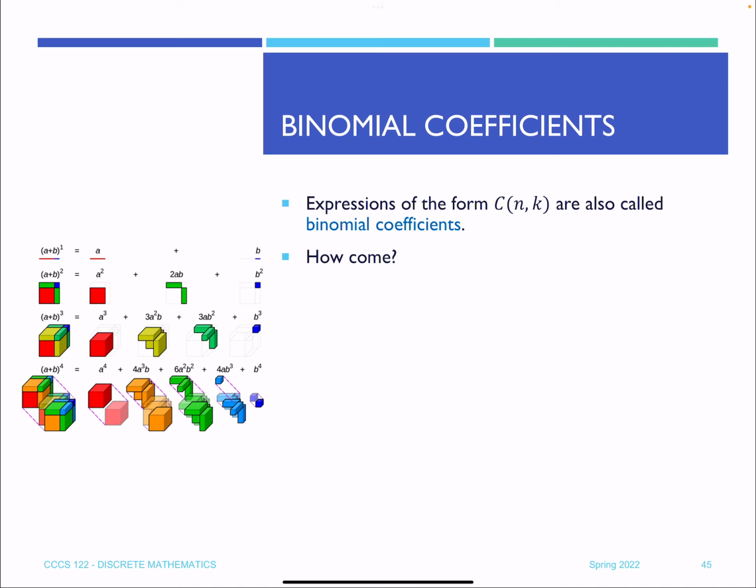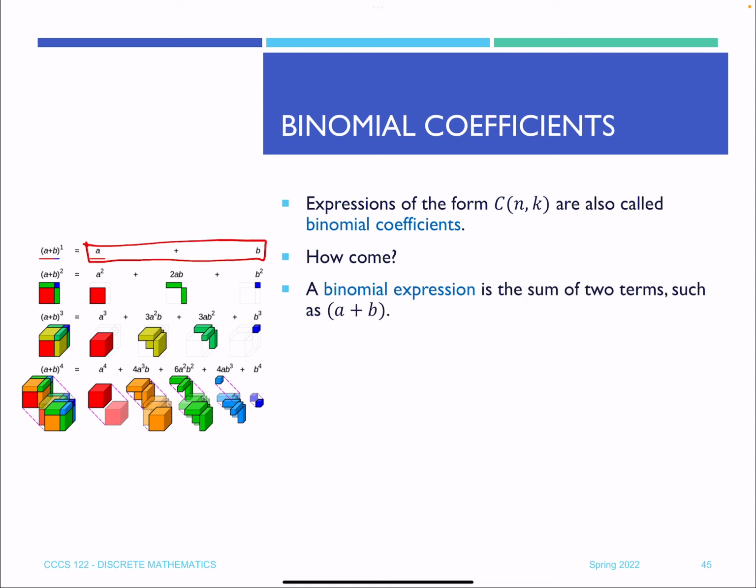These expressions each are also called binomial coefficients. And why is that? Well, if you take a plus b to the power 1, you just get a plus b. If you take a plus b squared, if you open that up, expand it, you get a squared plus 2ab plus b squared.